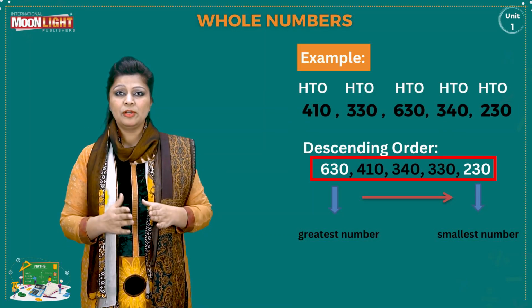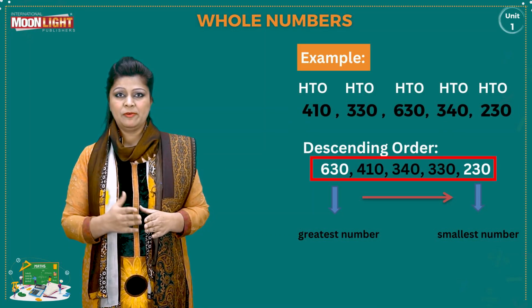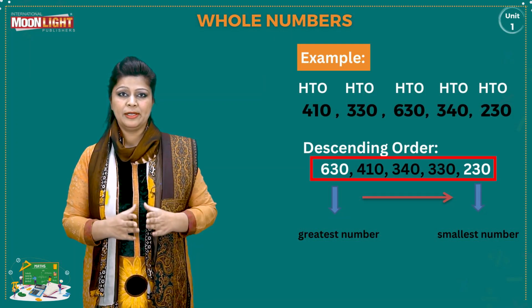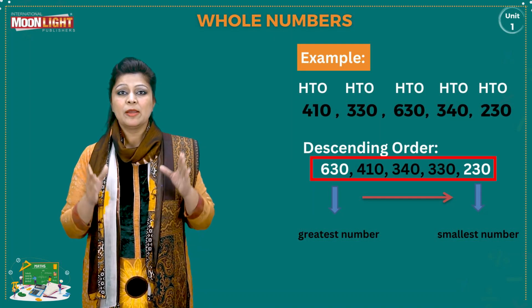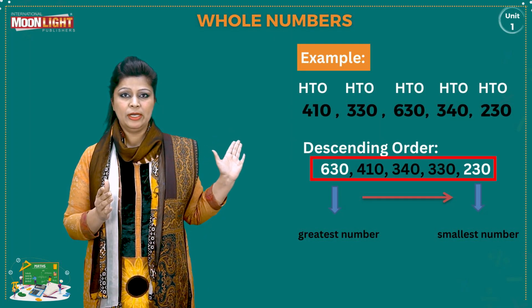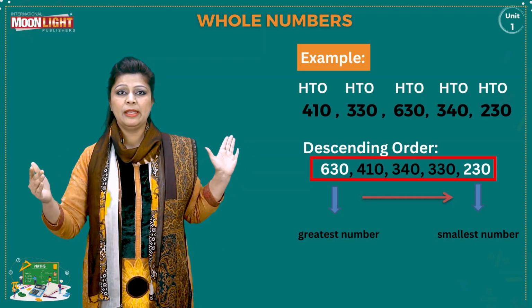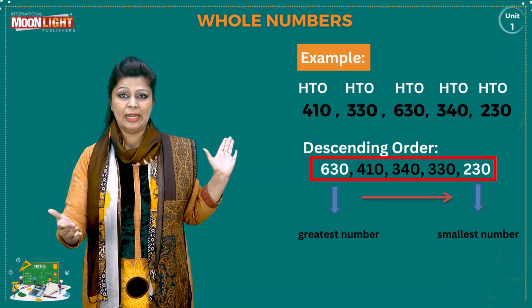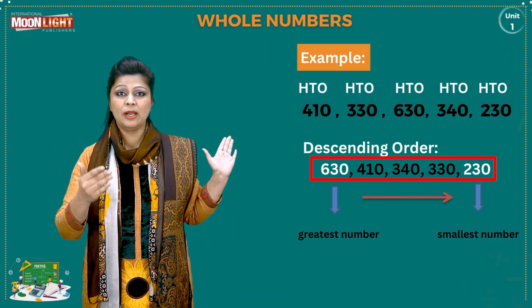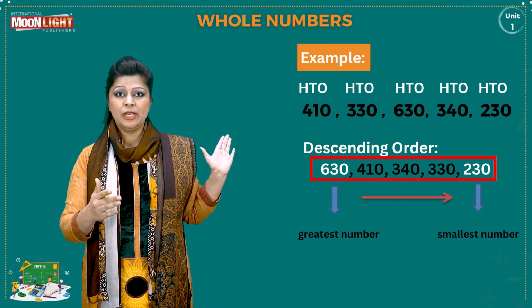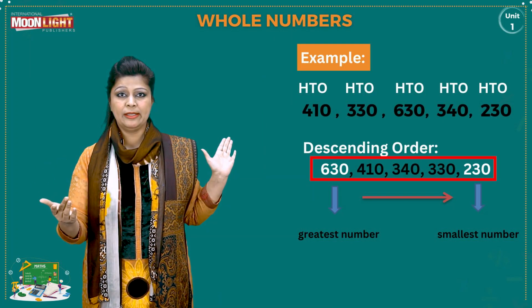So, after 410, which number will come? Are we writing a smaller number or a greater number? Yes, we are writing a smaller number, by comparing 410 to the other remaining numbers. By comparing the numbers, you can see that the next number after 410 would be 340 or 330.